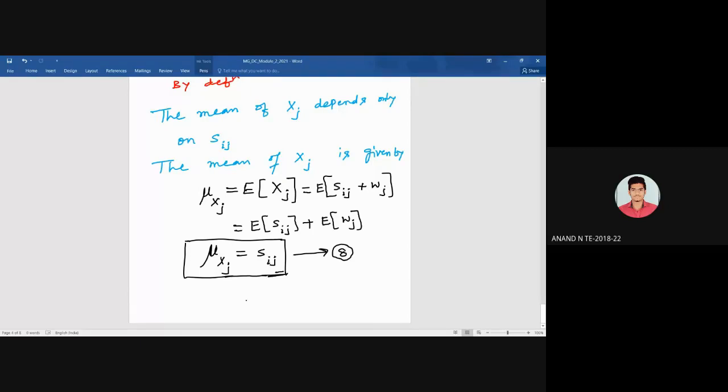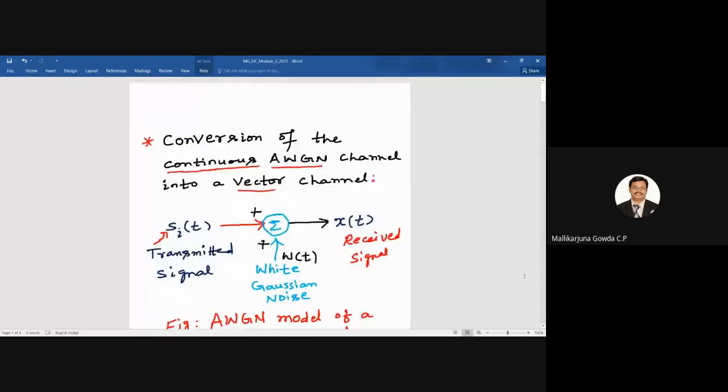Square root of mean. Oh, so then what do I get?